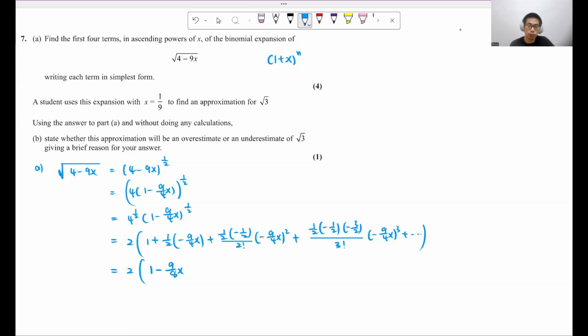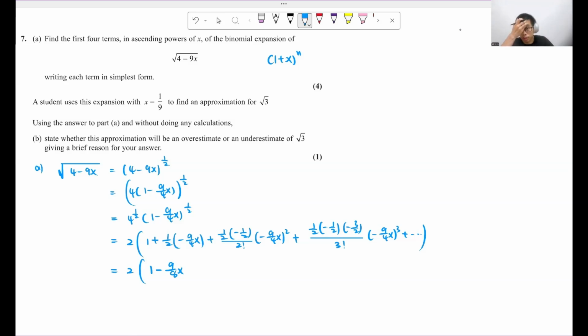And then for the next one, I'm going to put 1 over 2 times the bracket negative 1 over 2, and then over 2 factorial, and then times the bracket negative 9 over 4, squared.